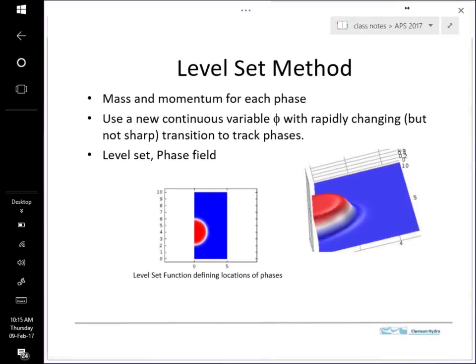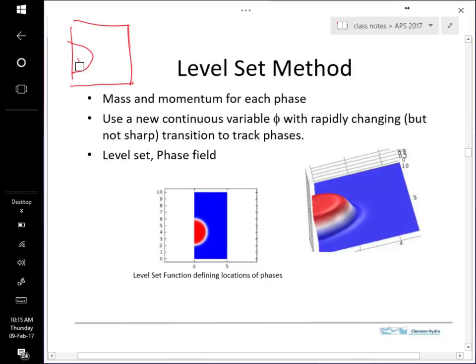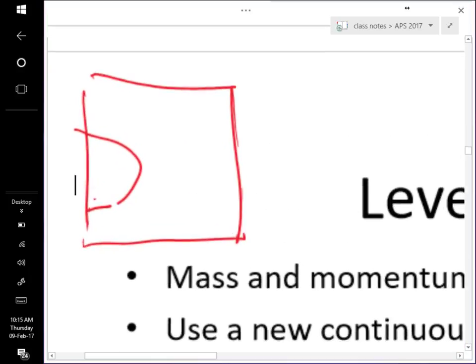So here's the level set method. What we're going to do here is we'll have two fluids, let's say. So here's fluid 1. Kind of zoom in here. So here's fluid 1, and here's fluid 2.